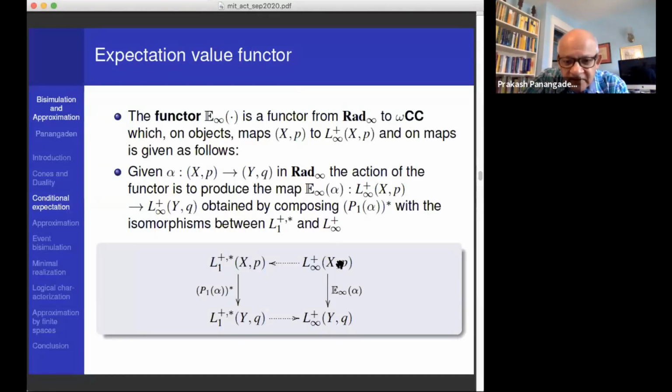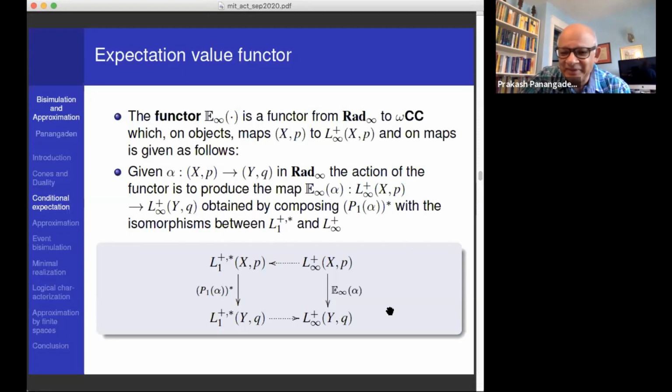So here it is. You start here, duality takes you there. The dual of the precomposition map takes you here, and then duality takes you back. You compose these three, and we take that as the definition of the E infinity expectation value functor. So you might wonder, why is this actually expectation value?